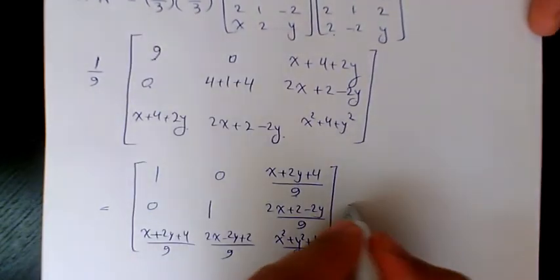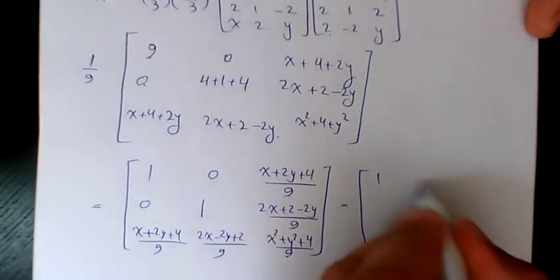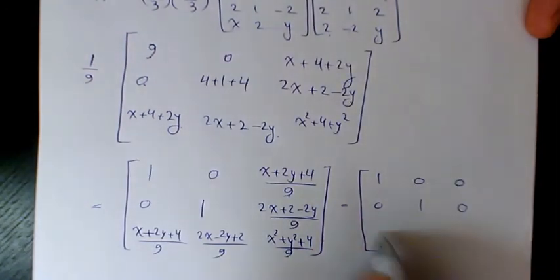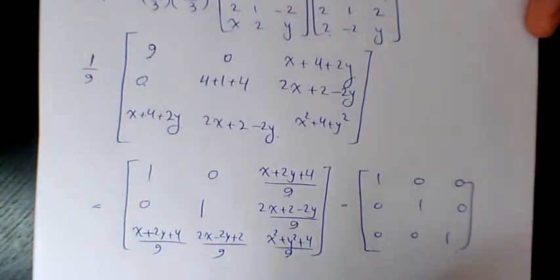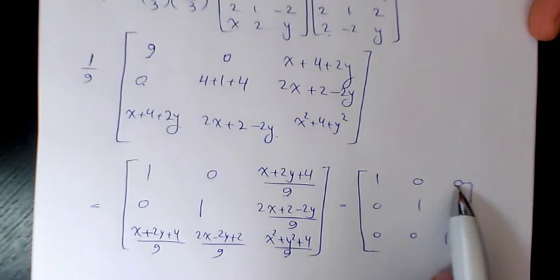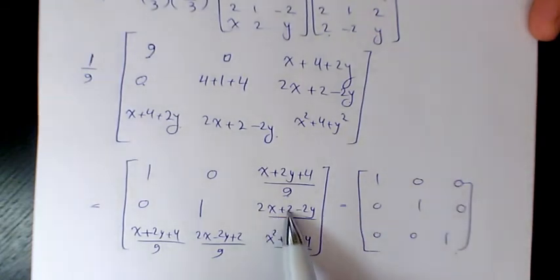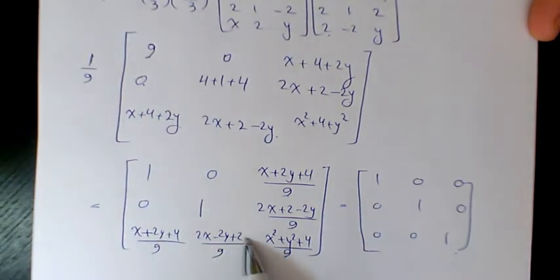That has to be equal to 1 0 0, 0 1 0, 0 0 1. It means that x plus 2y plus 4 is 0, 2x plus 2 minus 2y is going to be 0, x plus 2y plus 4 is going to be 0, 2x minus 2y plus 2 is going to be 0.